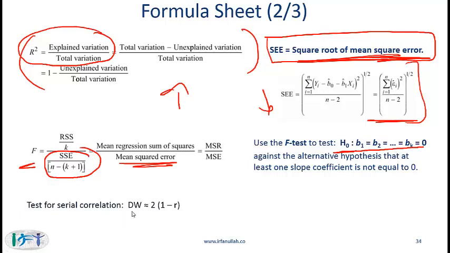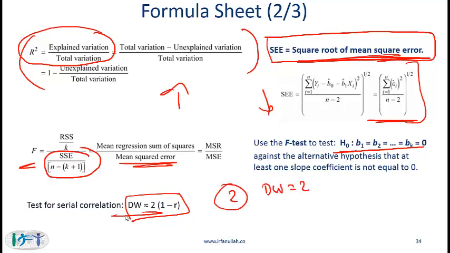And then we have the Durbin-Watson statistic for correlation. Remember this formula, and I'll just very briefly illustrate it, but then we'll talk about it in more detail with an example. Let's say that you have an output where the Durbin-Watson statistic is given as 2.